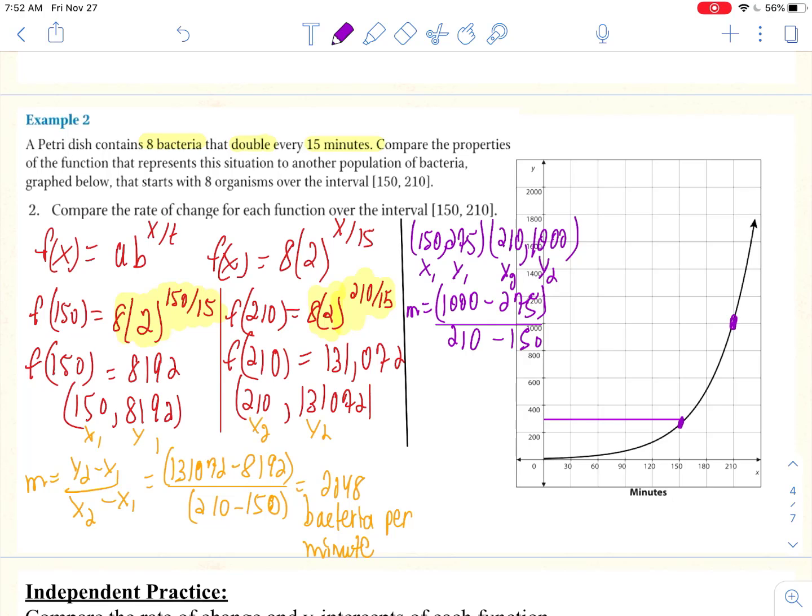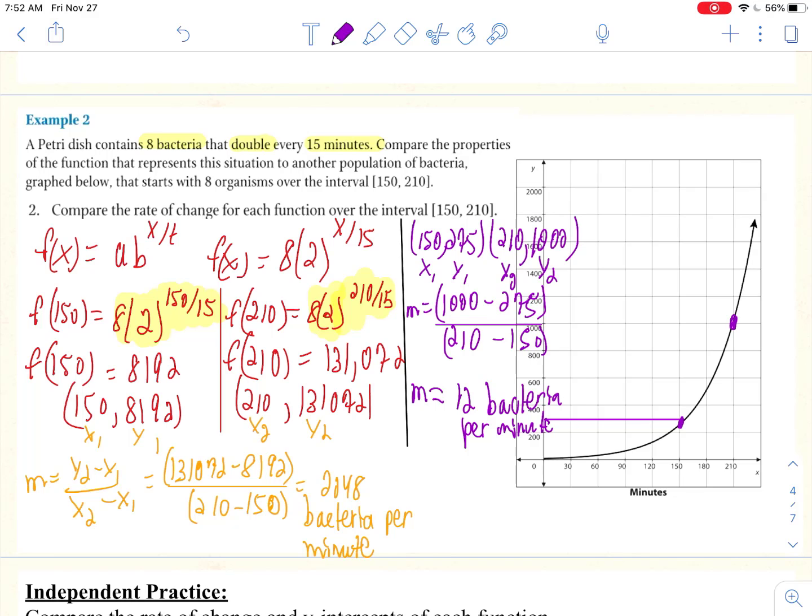When we put this into our calculator all at once, 1,000 minus 275 in parentheses divided by 210 minus 150, we're going to get a decimal of about 12.083 repeating, and we're going to go ahead and round that to about 12. So we're going to use our approximation symbol, and we're going to round that to about 12, and that's also going to be bacteria per minute.